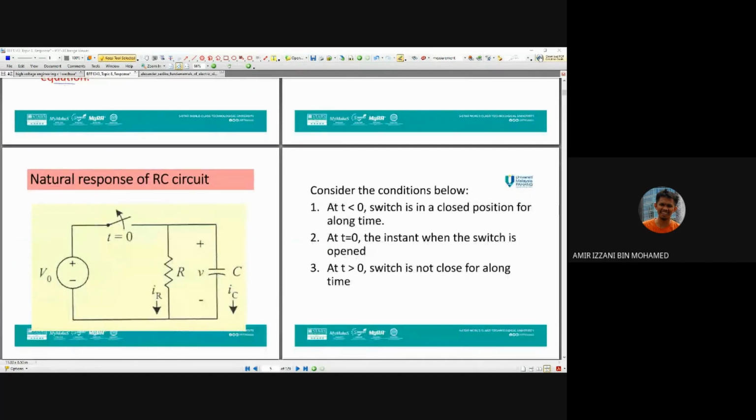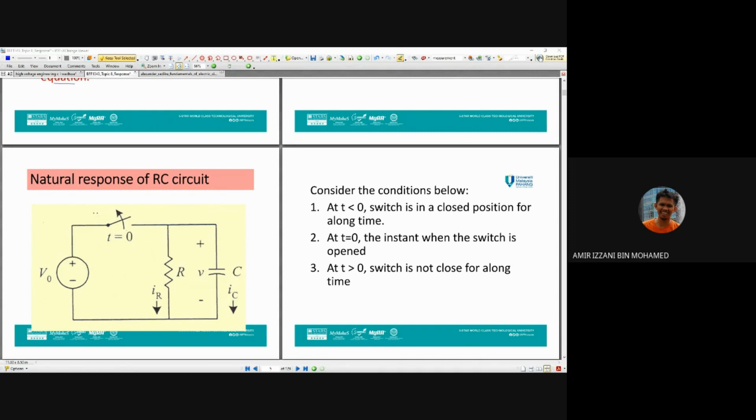Okay, let's consider this natural response of an RC circuit. As I mentioned earlier, we have R and C here connected in parallel, and it also has a switch here, and we have a power source here.